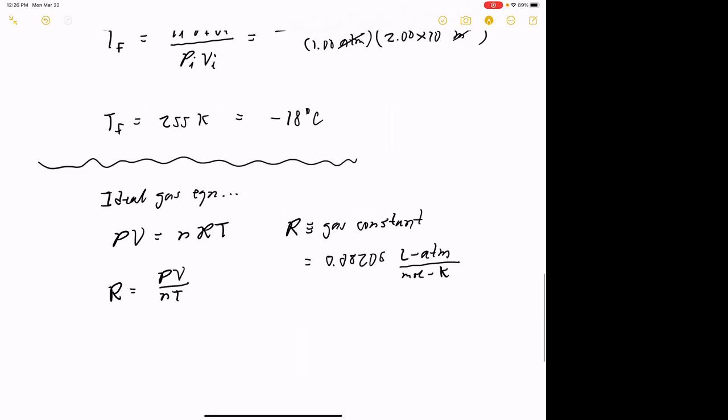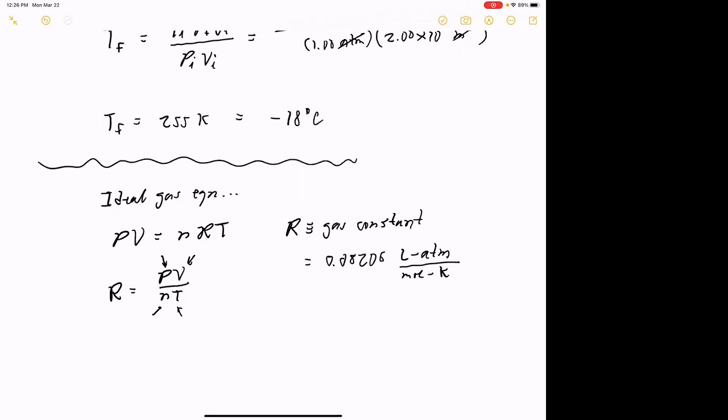So if you put those units in, volume should be in liters, pressure would be in atmospheres, n would be in terms of number of moles, and T is in terms of kelvins. Okay, so we're pretty much nailing down what those units have to be when we use the ideal gas equation. So for example, if you have a volume in milliliters or cubic meters or something like that, you got to turn it into liters.